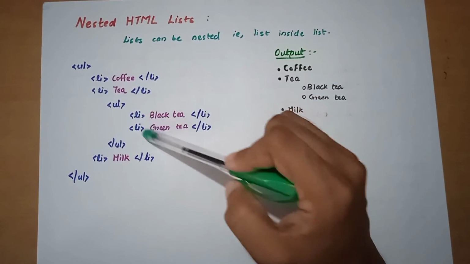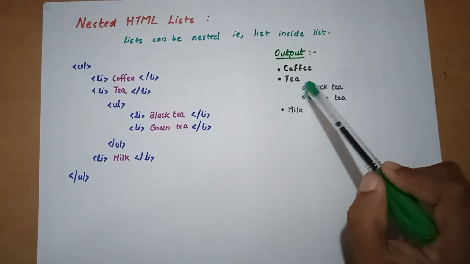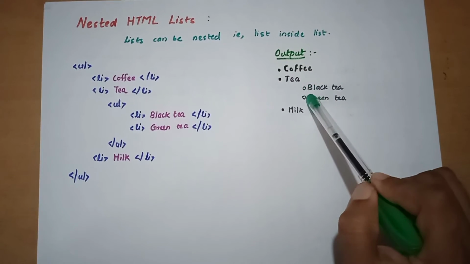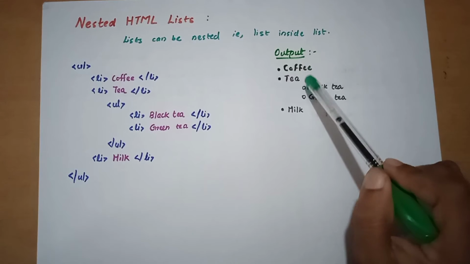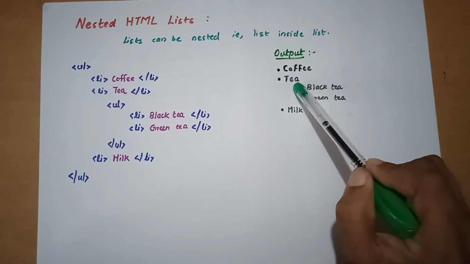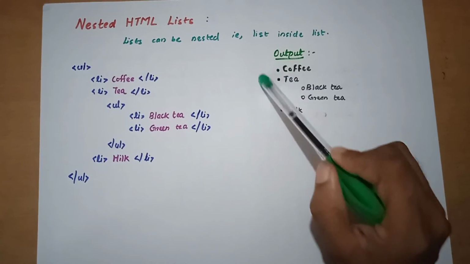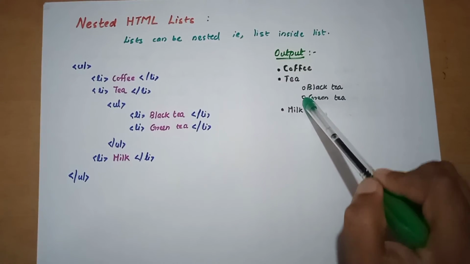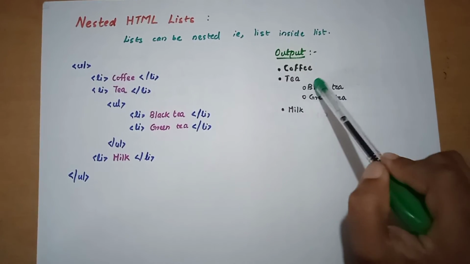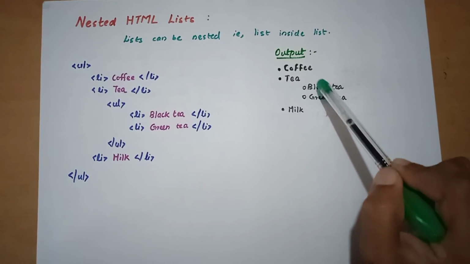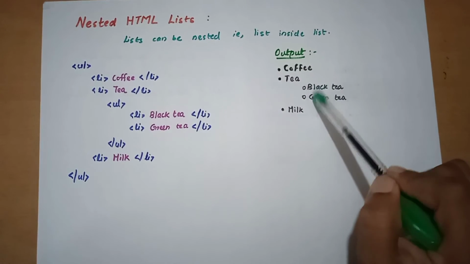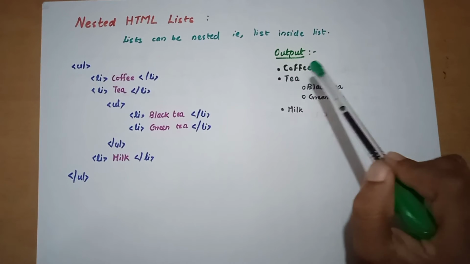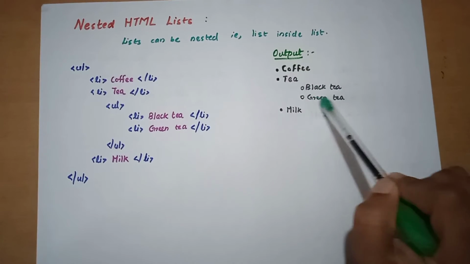So there come black tea and green tea. Since they are in another UL tag, they are displayed with small circles, which represent that this is the nested list or sub list of tea. That's why it is represented like this.